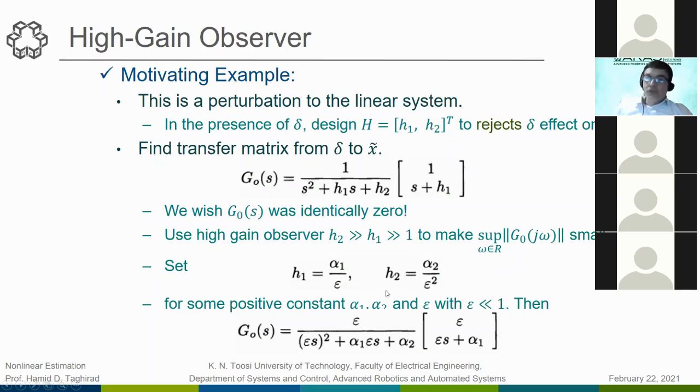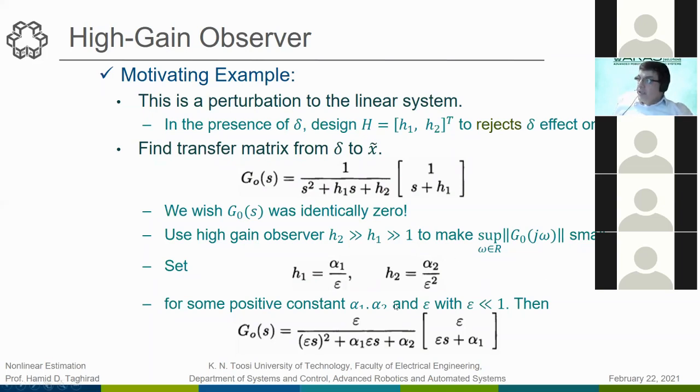So this shows you what the order of H1 and H2 should be. And with this kind of system, we have a very good theory in nonlinear systems, perturbation theory, that we can use. This comes from that area.